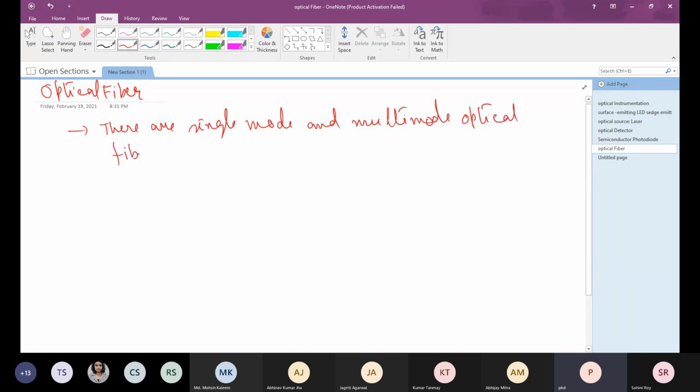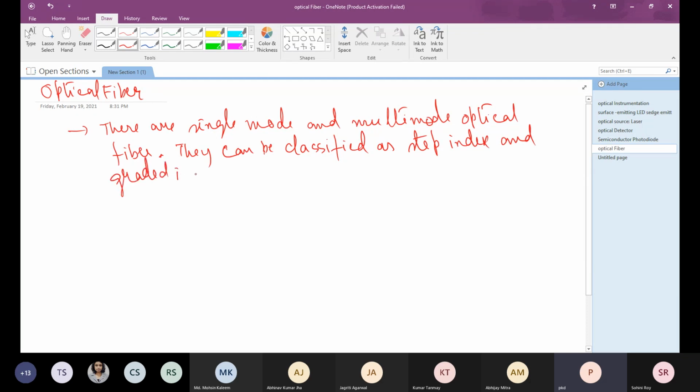Single modes have a small core, whereas multi-modes have a larger core. But refractive index profile wise, they can be classified as step index and graded index optical fiber.